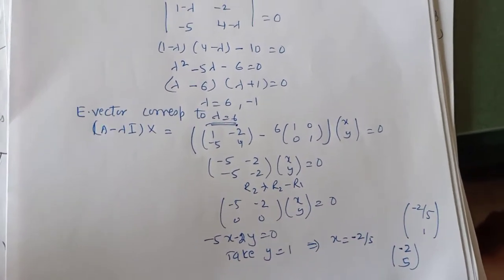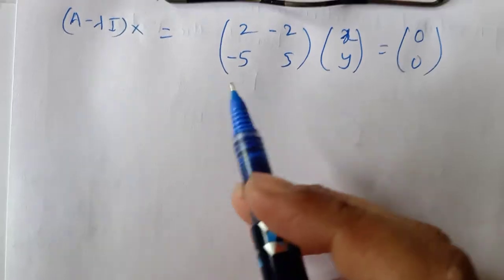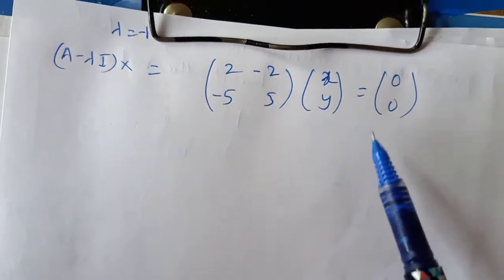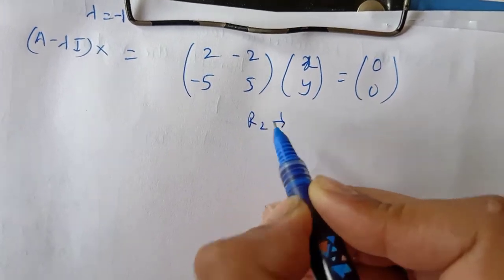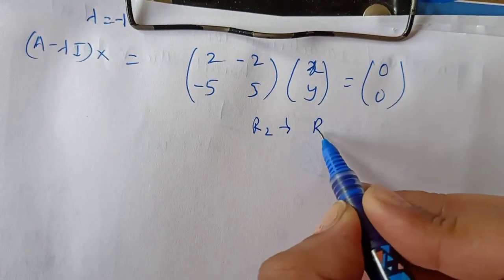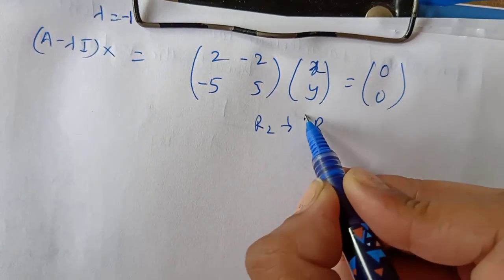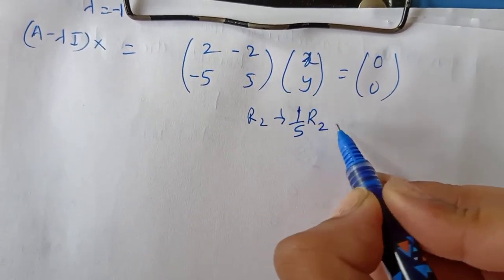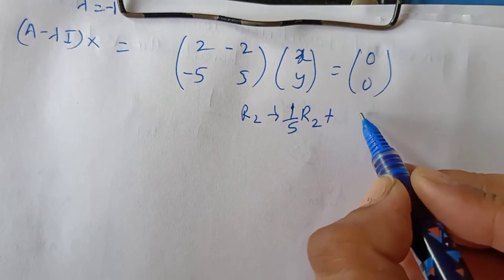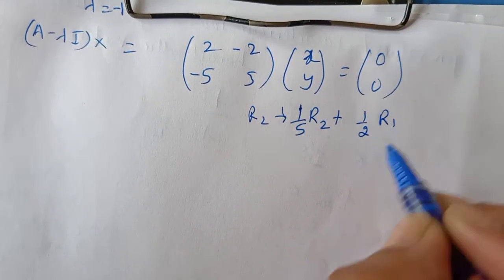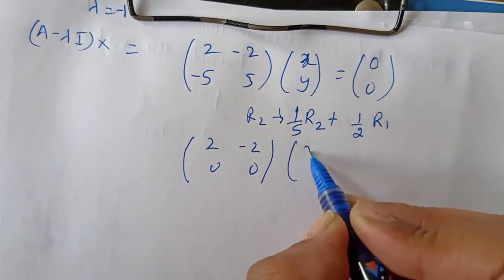Now let us find the eigenvector corresponding to lambda = -1. Putting lambda = -1 in this equation, I have obtained this. Now if you reduce this into upper triangular form by applying 1/5 times R2 plus 1/2 times R1, then I will obtain zeros here.